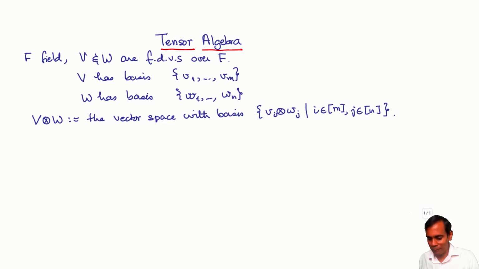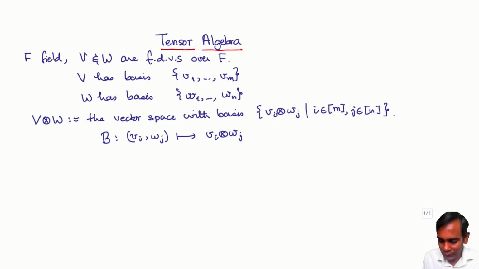We can identify them. So one important thing to note before we go on to identify them is that you can define a map on bases, let's say B, which takes (vi, wj). So you take this basis cross this basis and send it to vi tensor wj.